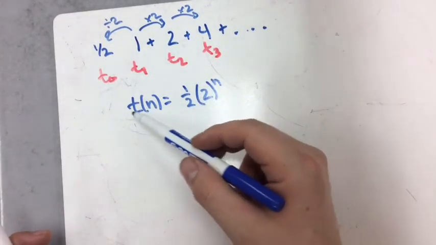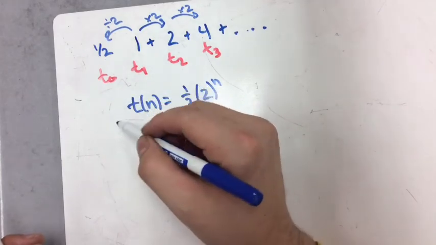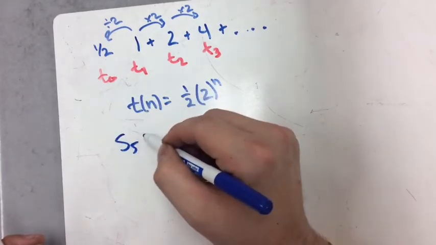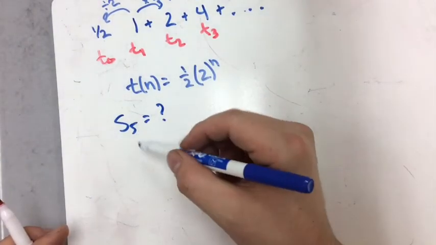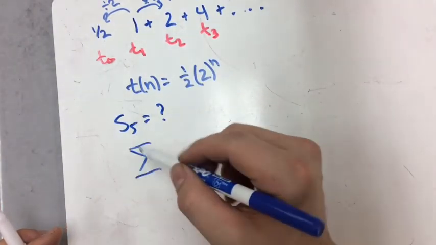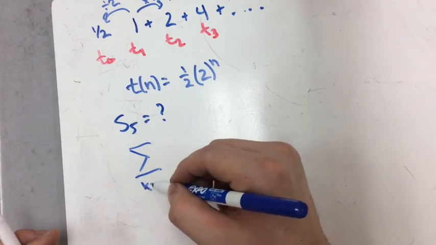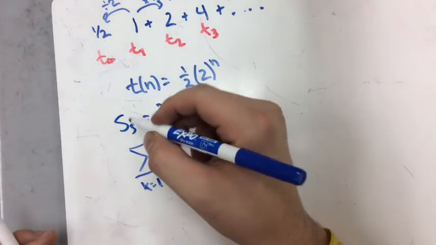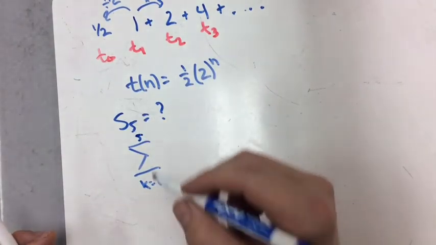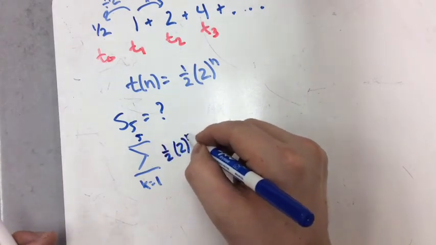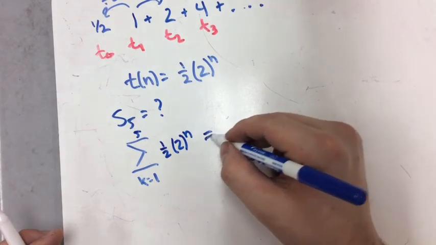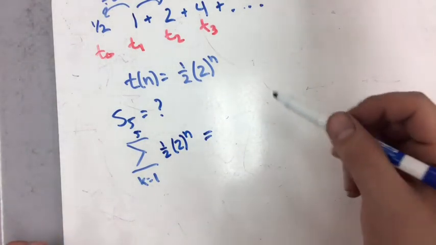Okay, and now I'm trying to find the series added to the 5th term. If I want to put this into sigma notation, it's going to look something like this, where I'm going to start at the first term. I'm going to go up to the fifth term of my equation, 1/2 times 2 to the n. And then this has a formula that we follow.